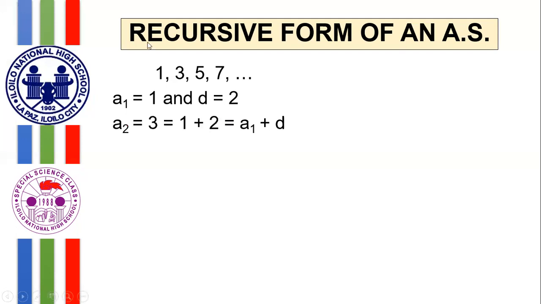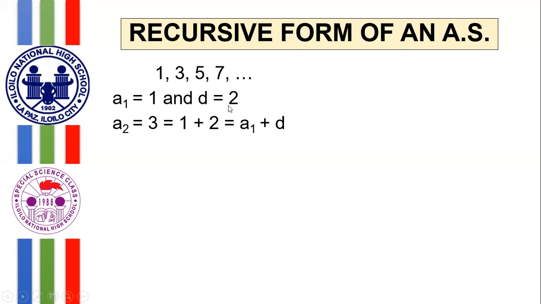If you see your second term, which is 3, from the first term, you added 2, right? That's why I expressed 3 as 1 plus 2. But going back here, what is 1? 1 is your first term. That is why I substituted 1 with a sub 1.